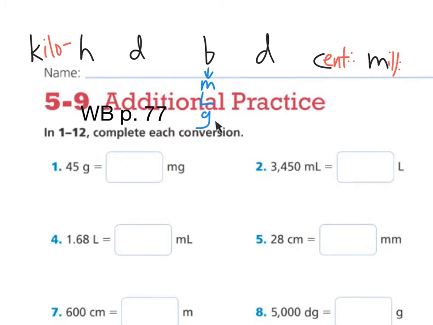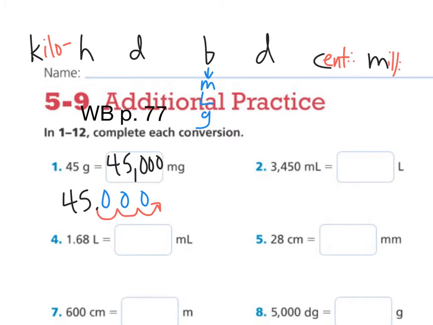Starting with grams, we're right in the middle here, and going to milligrams would be going 1, 2, 3 places to the right. So we're starting with 45, the decimal's after the 5, and we need to move 3 places to the right. We just add some zeros at the end, add commas as needed since we're getting a bigger number this time, and we can see that 45 grams is equal to 45,000 milligrams.